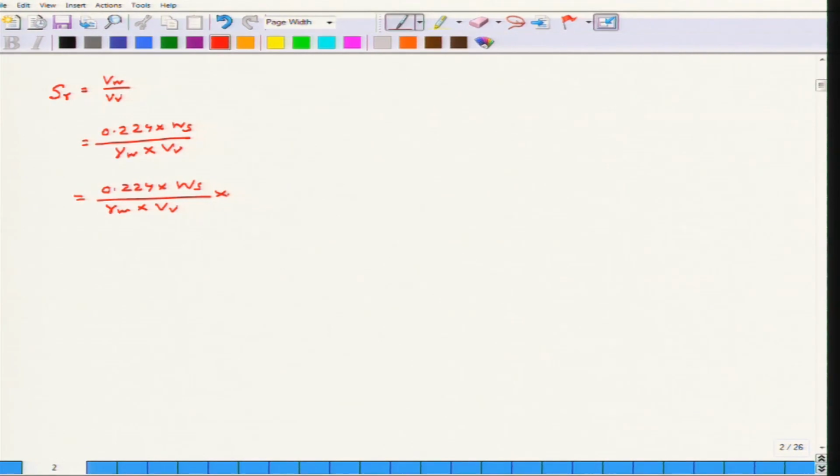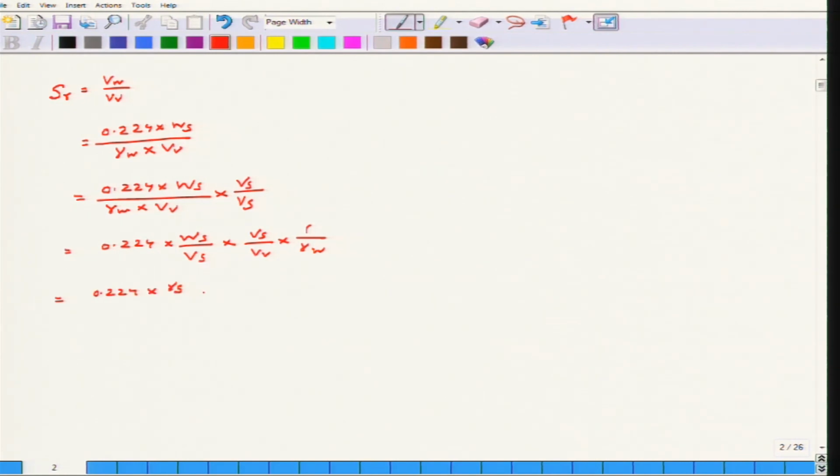Now, just as we multiplied the volume of water in the numerator and denominator in the previous case, we are going to multiply the volume of solids in the numerator and denominator in this case, because then we will get Ws by Vs on one hand, Vs by Vv on another hand, and 1 by gamma W. Now, Ws by Vs is nothing but the unit weight of solids.